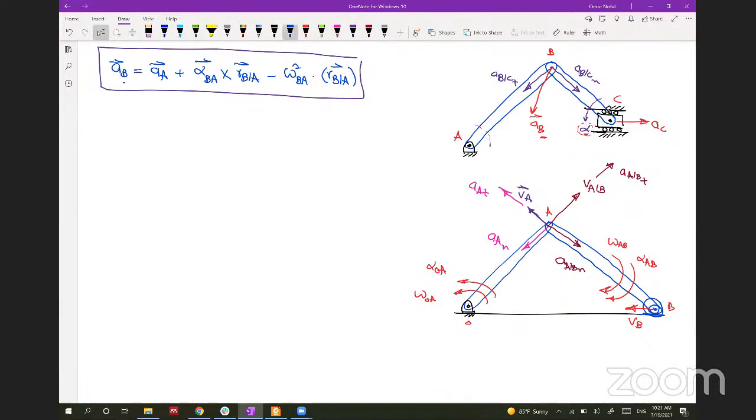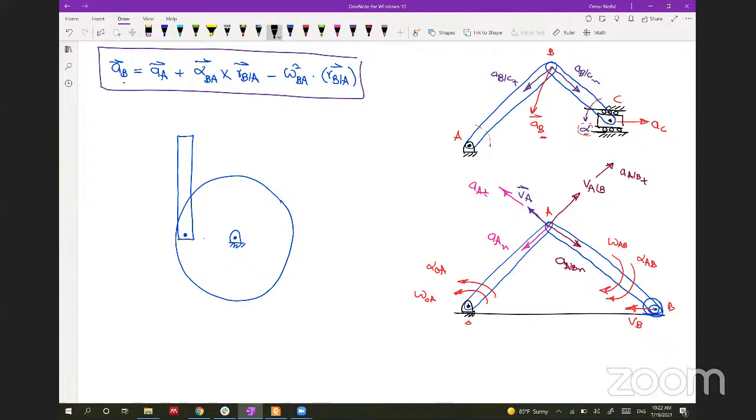Let's do another example. So if we have a disk like that, and there is an arm, let's assume that the center is here, and this disk is rotating about this one, and we have an arm here at this point.